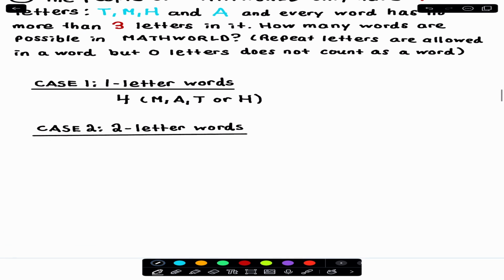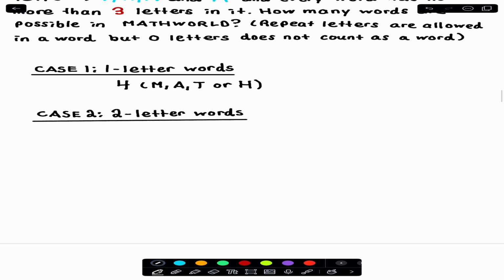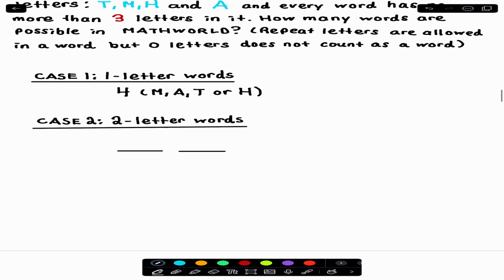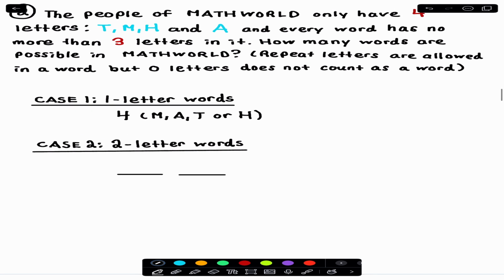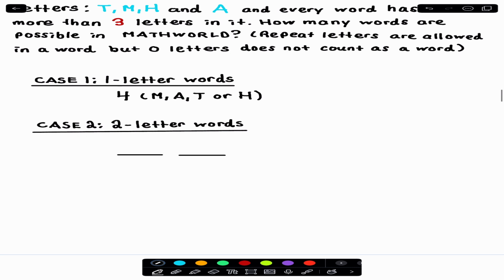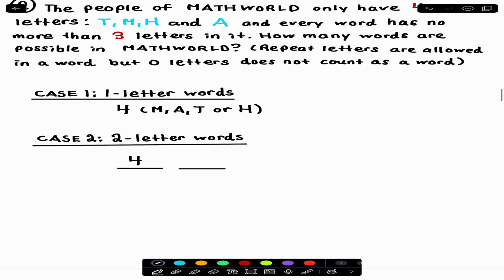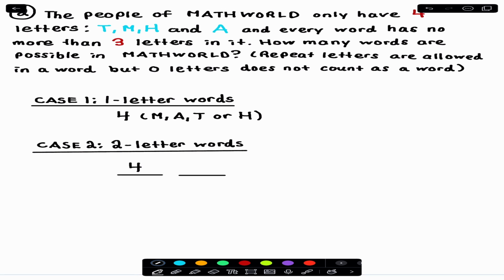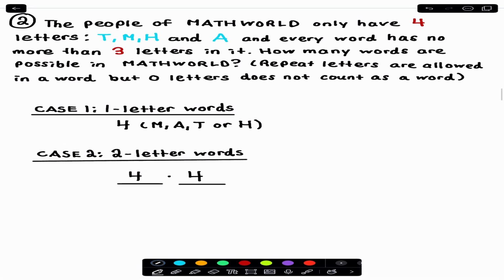To count the number of 2-letter words, going back to our multiplication principle, we can represent a 2-letter word by these placeholders, and then we'll think about how to fill them in. The first letter has 4 possibilities: M, A, T, or H, and then for each of these 4 possibilities, there are 4 possibilities for the second letter.